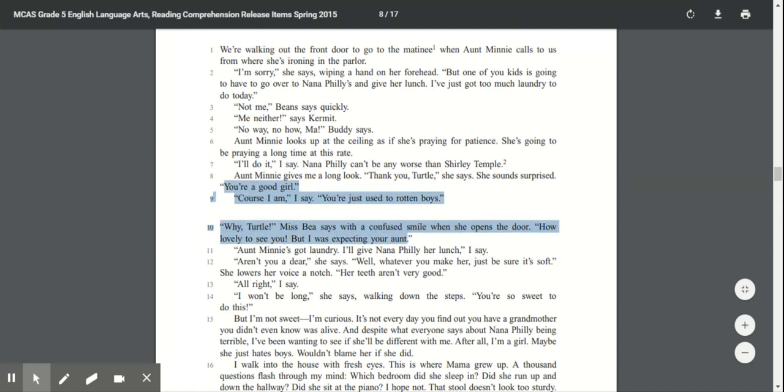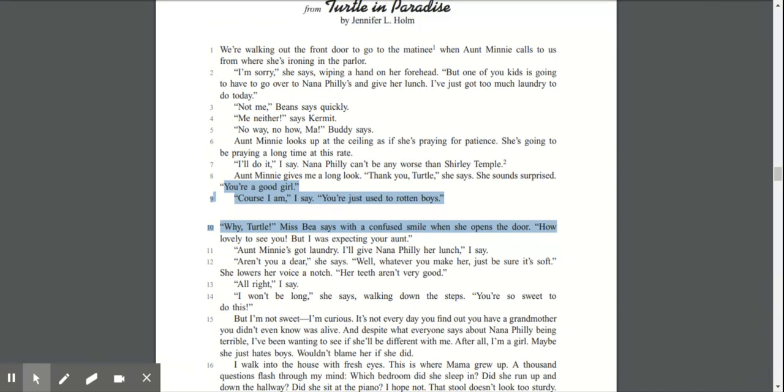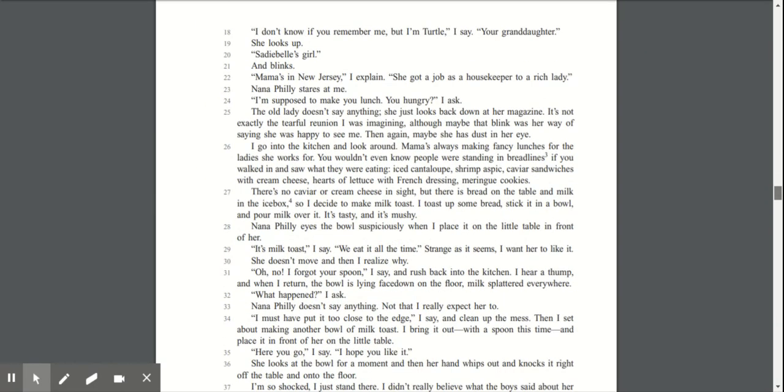So in between these two paragraphs, right? It is showing a scene change, a scene ending with Turtle telling Aunt Minnie that she will be bringing her lunch. And then all of a sudden in paragraph 10, it shows Turtle at Nana Philly's house. So this is something to point out.